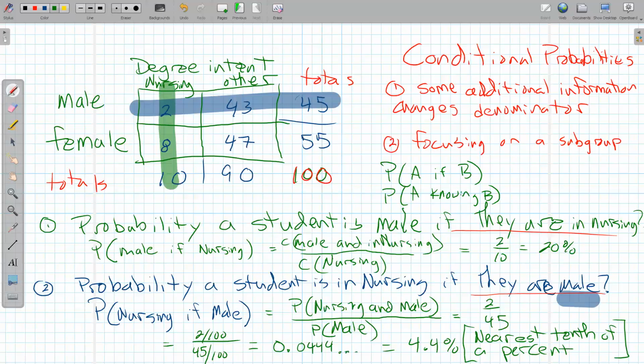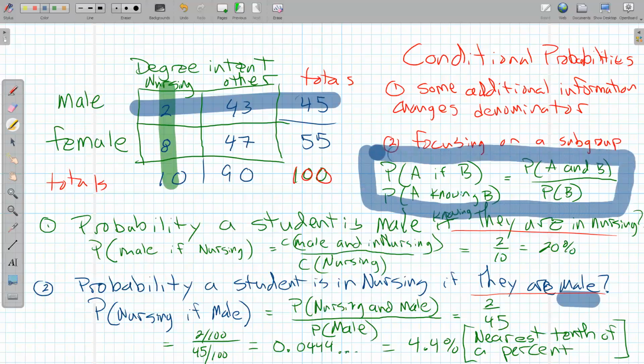Instead of if, I could write knowing they are a nursing student. That's another slight language change. Either way, calculating that, we want to look at where they overlap, A and B, and then divide that by that new information, that change in denominator. So this is the idea of a conditional probability.